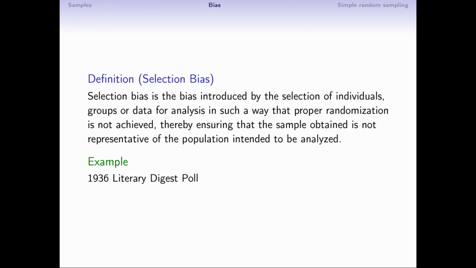Digest poll. Now, the Literary Digest was one of the most popular magazines of its time and had an outstanding record of predicting winners of presidential elections. So the Literary Digest up till 1936 had a stellar record for predicting the winners of the presidential elections.